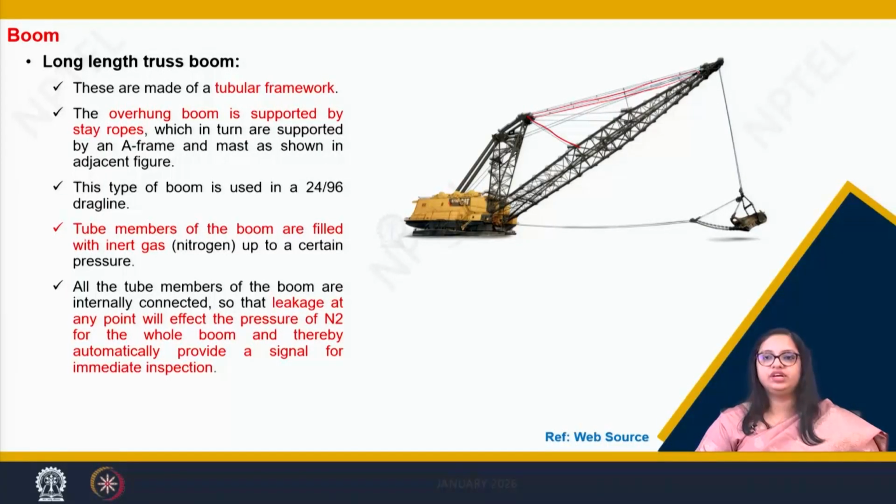In case of any leakage, we will be able to see a drop in the pressure of the gas that is filled inside this tubular columns. So, that is all about the long length truss boom.